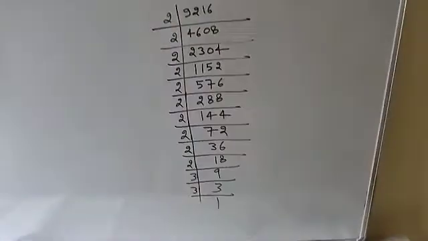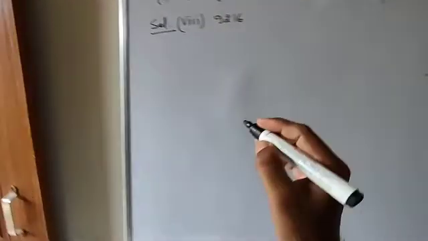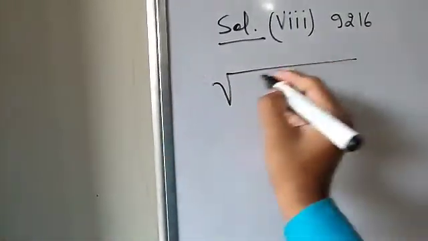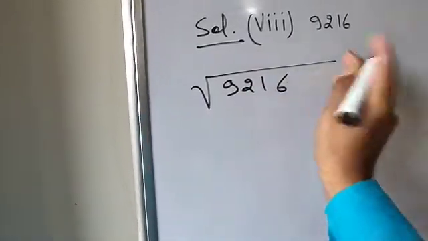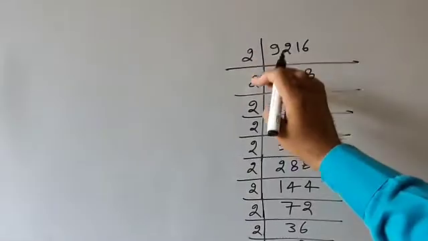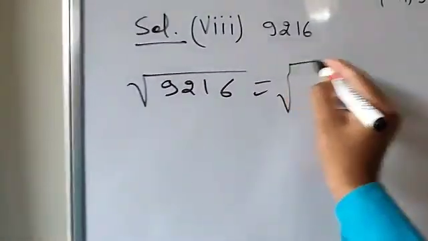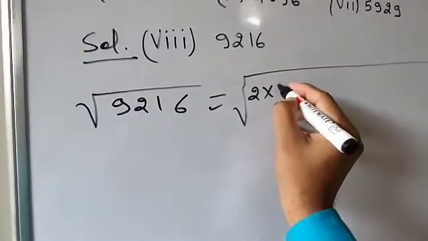So here I got all the factors of 9216, so I will write it here. Under root 9216 it is equal to, first how many 2s are there, here I am going to count: 1 2 3 4 5 6 7 8 9 10, total 10 2s are there.